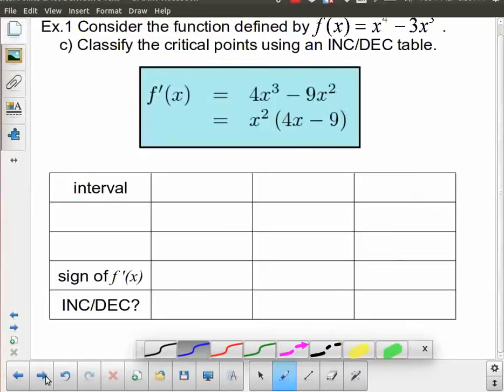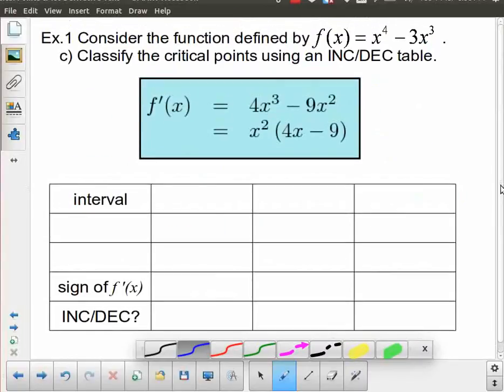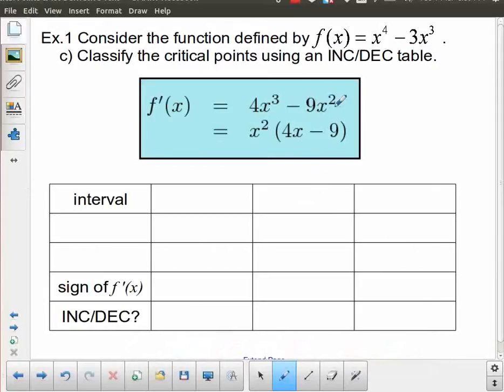Okay, the next part is, here is our function. Classify those critical points using an increase-decrease table, or we've talked about this as an interval table. So to classify those critical points, here's f of x in its factored form.